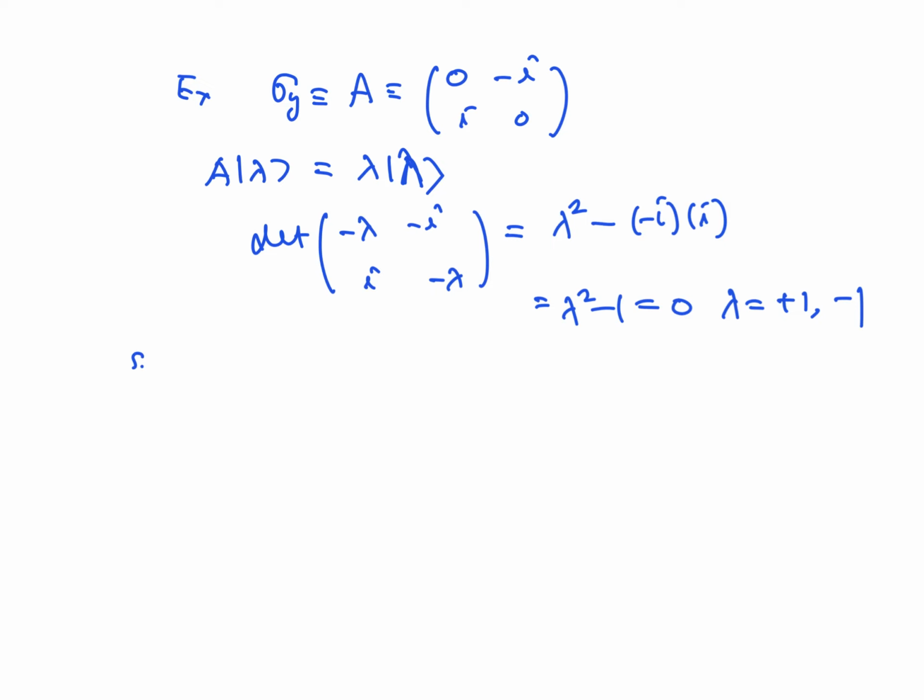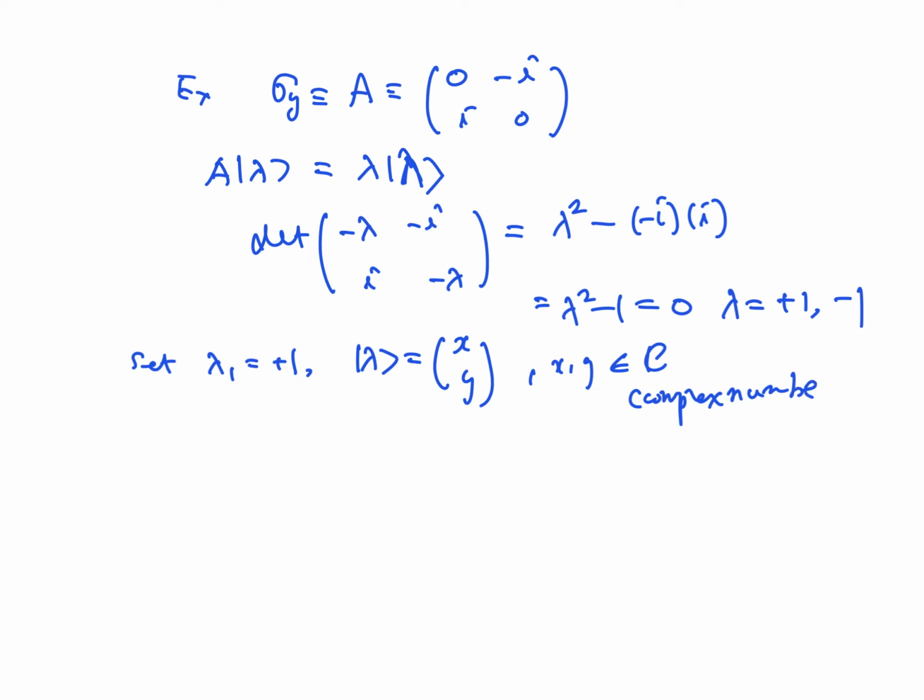So when lambda 1 is plus 1, again maybe you can say x and y, and this time x and y can be complex. Somehow I have a feeling that they are going to be complex numbers. So A times lambda 1, 0 minus i, i 0, times x y is x y.